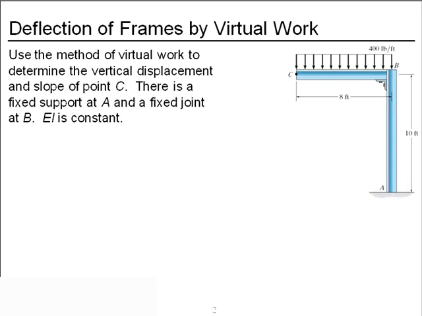In this problem, we're going to predict vertical deflection at point C and slope at point C. We'll note that point A is a fixed support and B is a fixed joint.